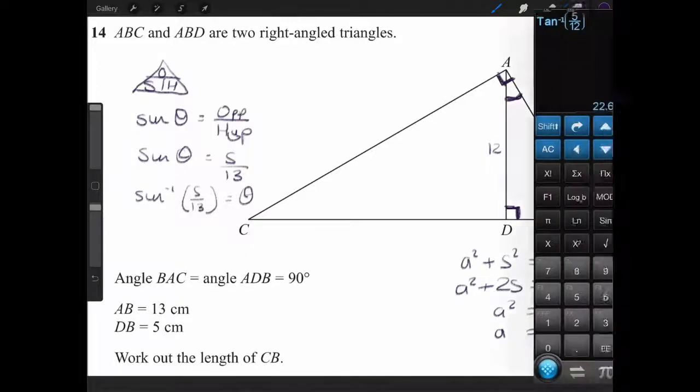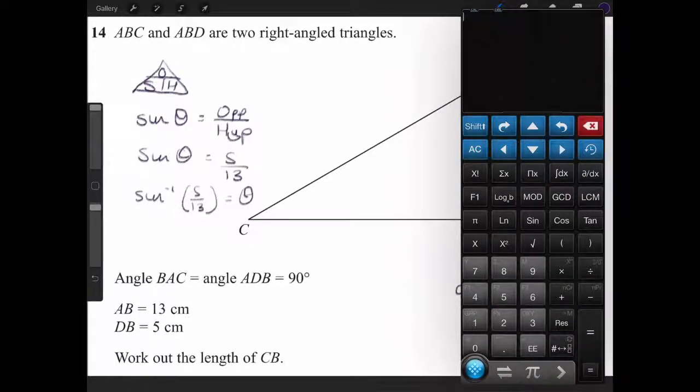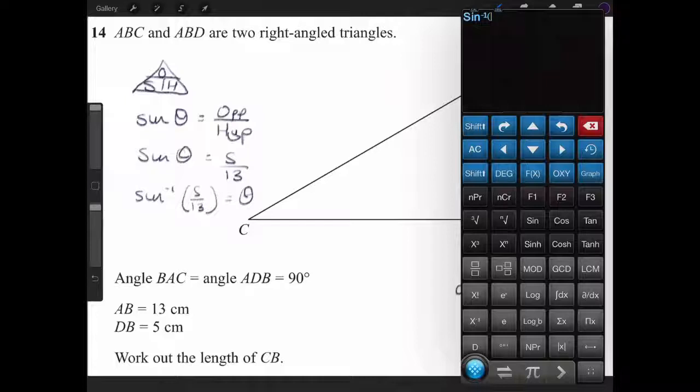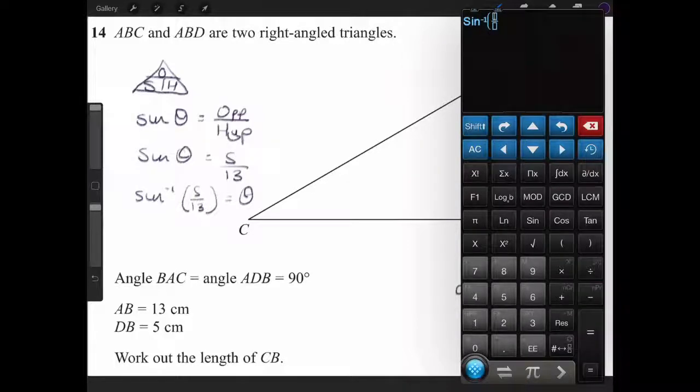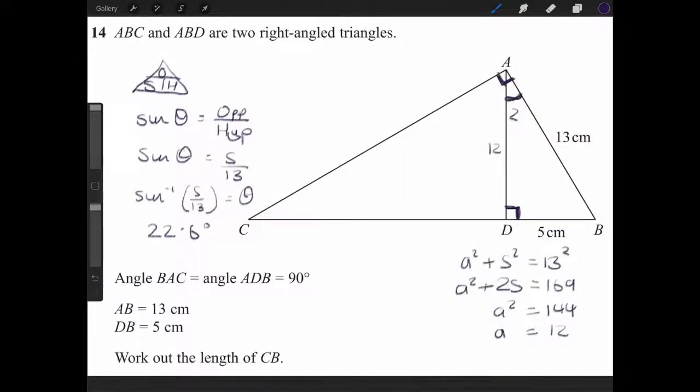In this case it is shift sine, and it's a fraction, so I'm going to put it as a fraction, 5 over 13, and that gives me an answer of 22.6 degrees. So that there is 22.6 degrees.